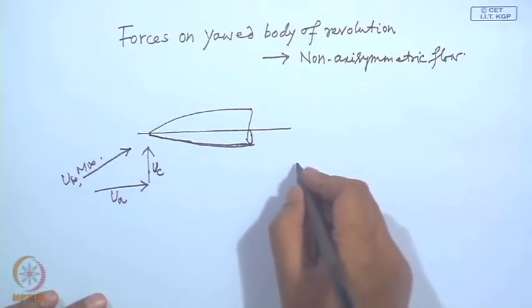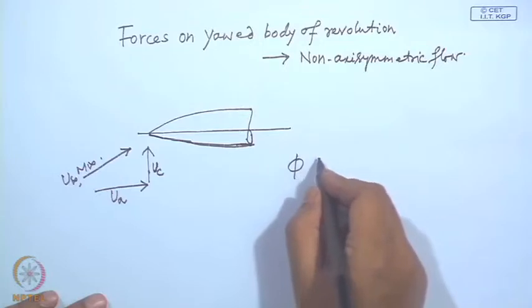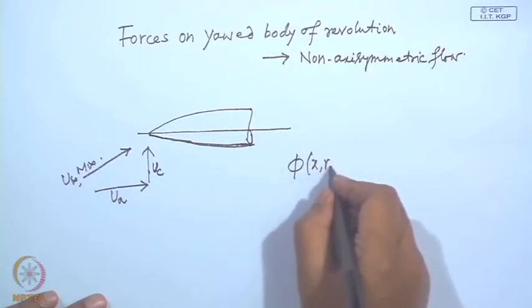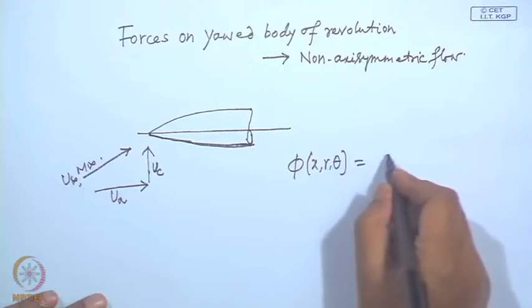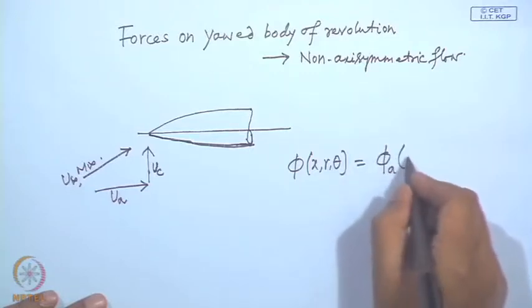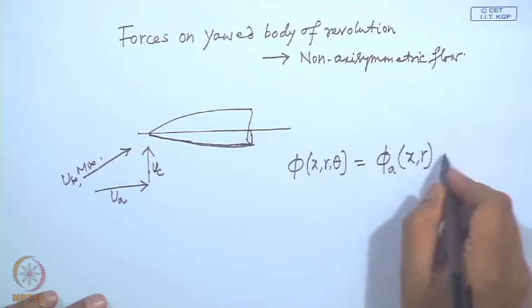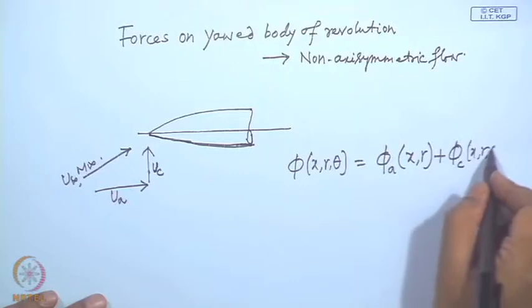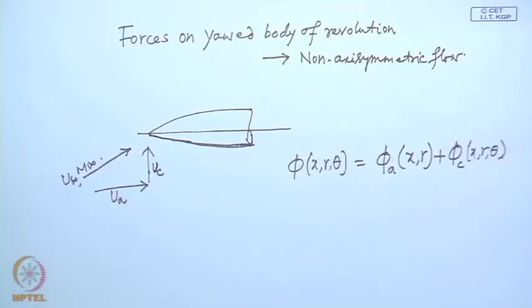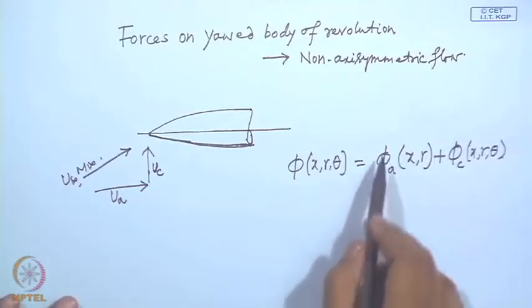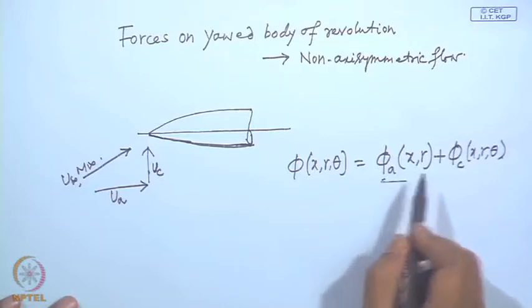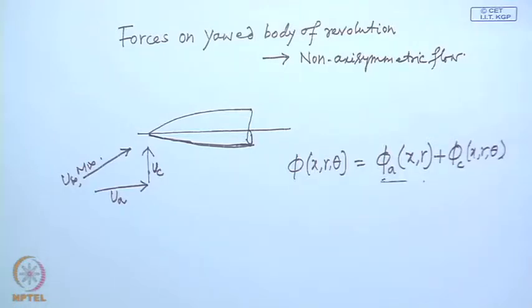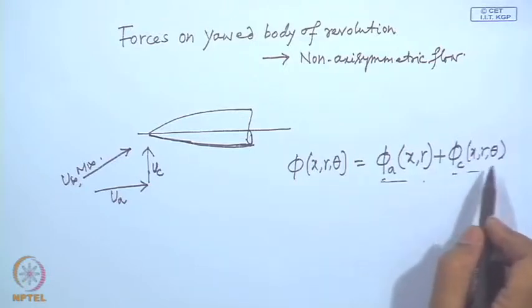And we saw that the complete solution is the axial contribution and a cross flow component. So, similarly, the force also can be written as the force due to this axial component of the flow, which as before will be the drag force only, which I have already evaluated, and again the force due to this cross flow component.